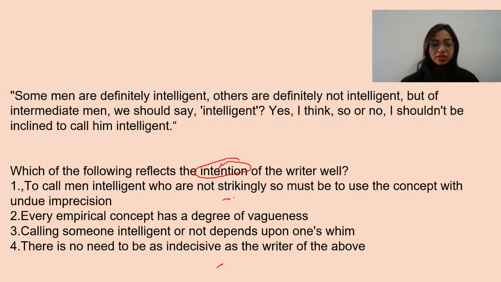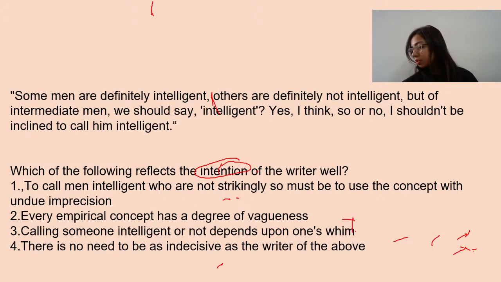This in itself is such a vague answer. This is so far-fetched. Where did it come from, to go to such a wide scope? If it has gone to such a wide scope, then this is not the right answer. Okay, that every empirical concept has a degree of vagueness. No.